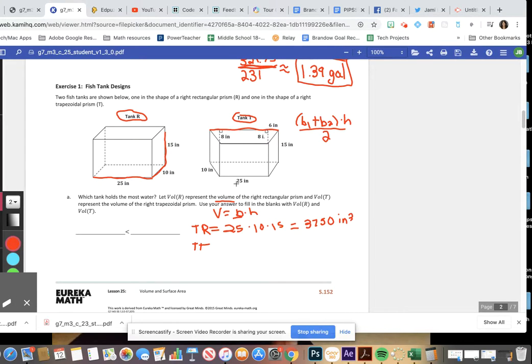Okay, so looking at our trapezoid, we know our base 1 is 25 plus our base 2. It doesn't give us a nice measurement for this, but up above here it does tell us this is 6, and I know then that this is also 6, and this piece is the same as this, so it's 25. So I've got 25 plus 6 plus 6, which is 12.